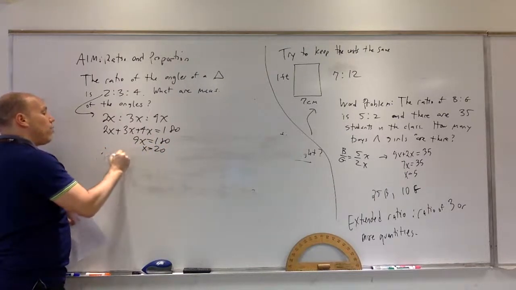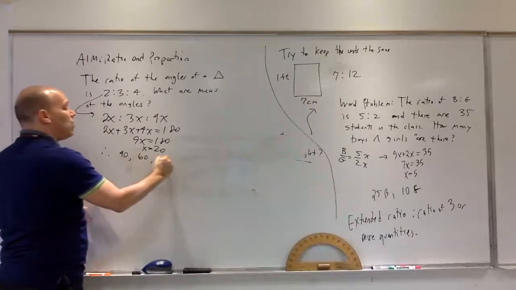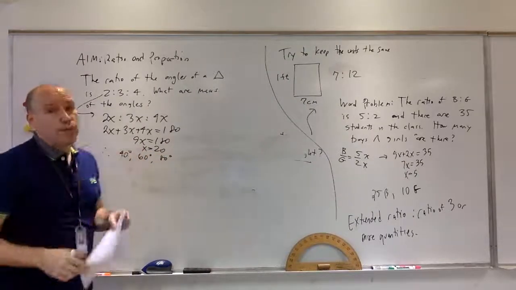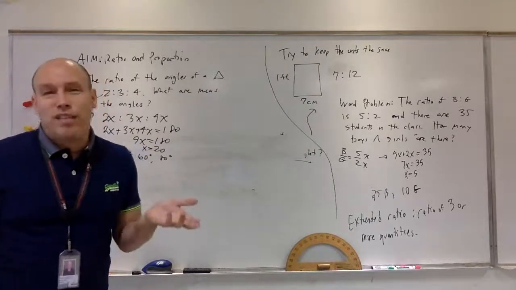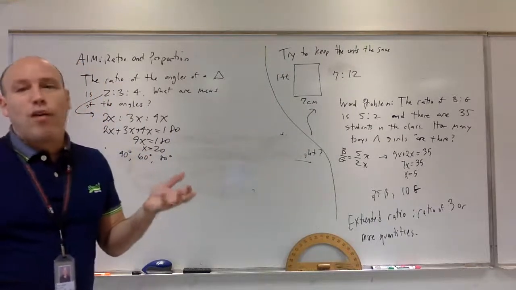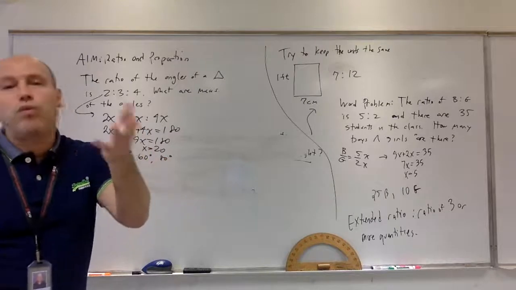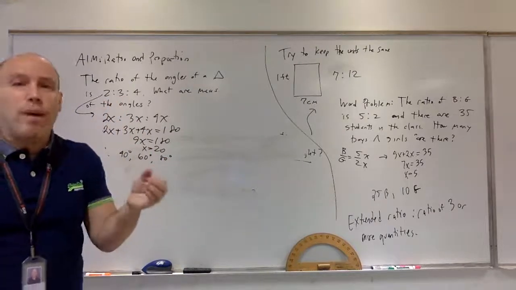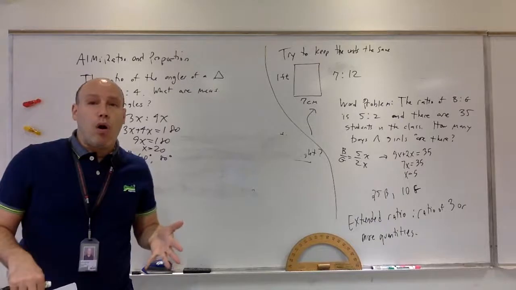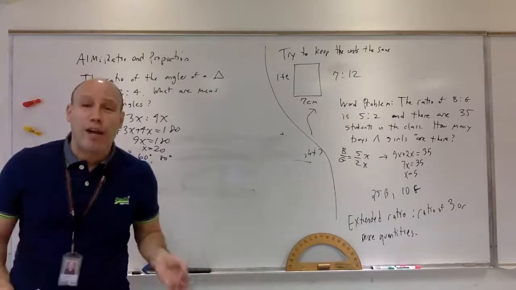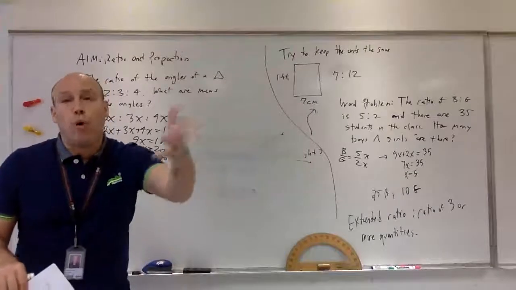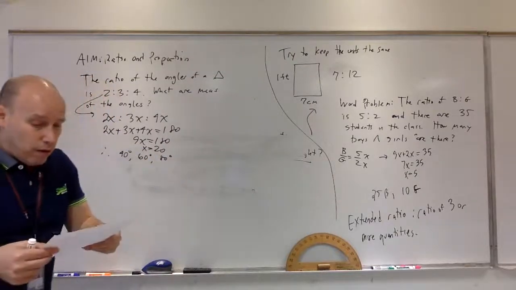Therefore, 40, 60, and 80 degrees are the measurements of the angles. And you can imagine the problems: the sides of a quadrilateral, x plus 2x plus 3x plus 4x, or the angles of a quadrilateral are in the ratio of 1 to 2 to 3 to 4.